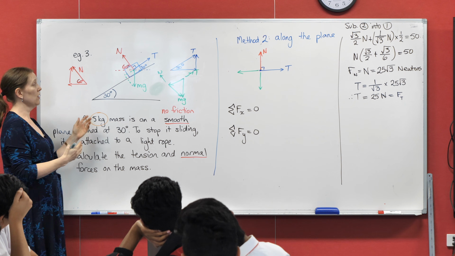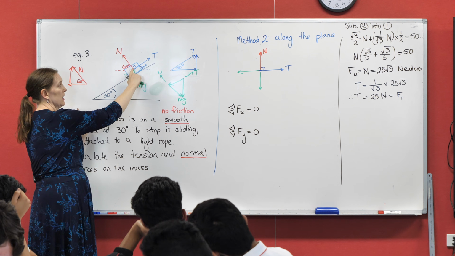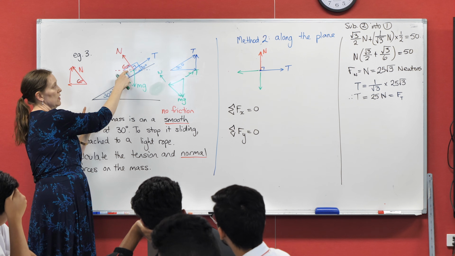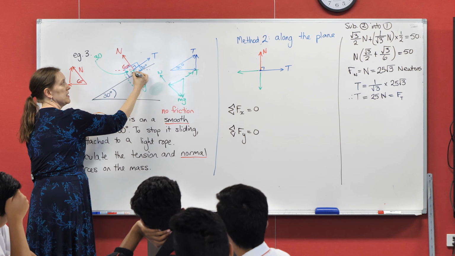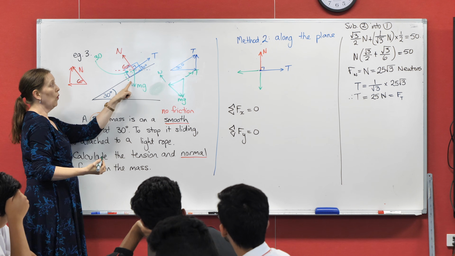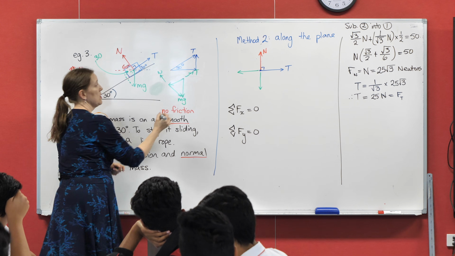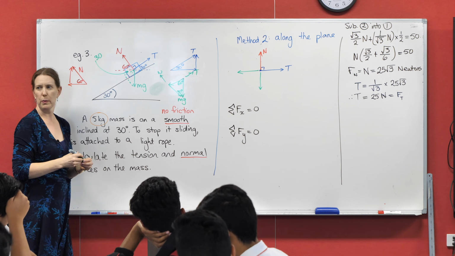Which one is which? Let's have a look. Here's my plane, so this one is parallel to my plane. What does that make this angle in here? 30, this one here. And then that makes this one here 60, or this one here 30. Either way. So either this one here is 30, or this one here is 60. Which one do we want to go with?